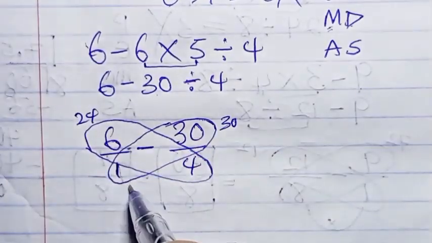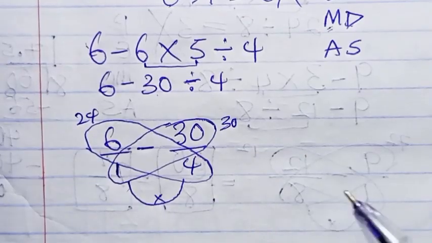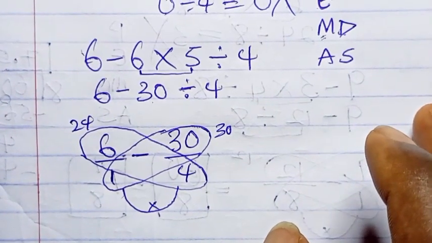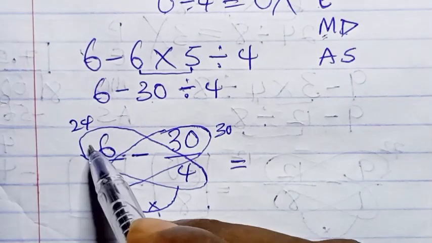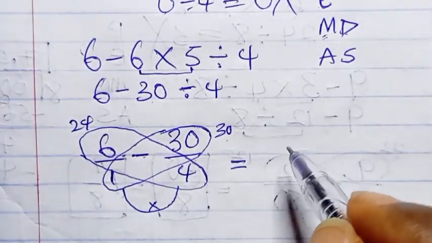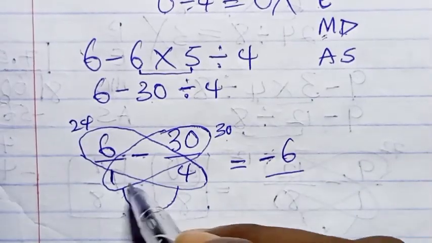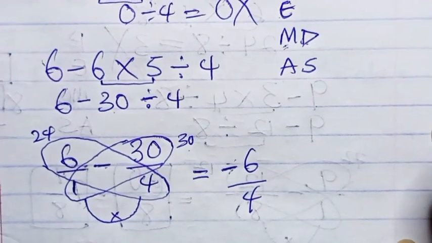Alright, so this is the body. Guys, don't mind my butterfly, it looks very funny. Okay, so now 24 minus 30 is going to give us minus 6, over 4 times 1 is 4. So we have minus 6.